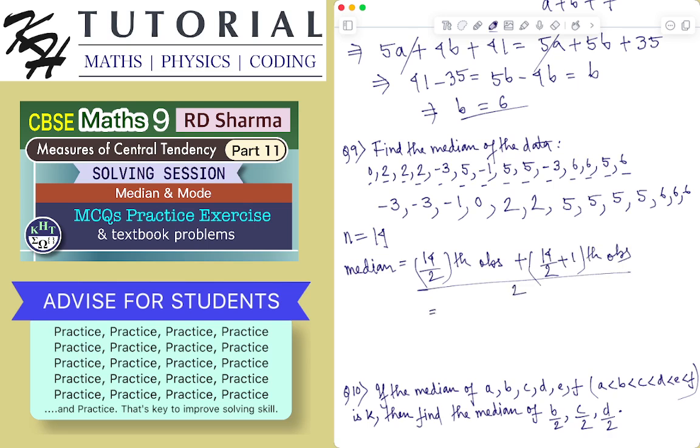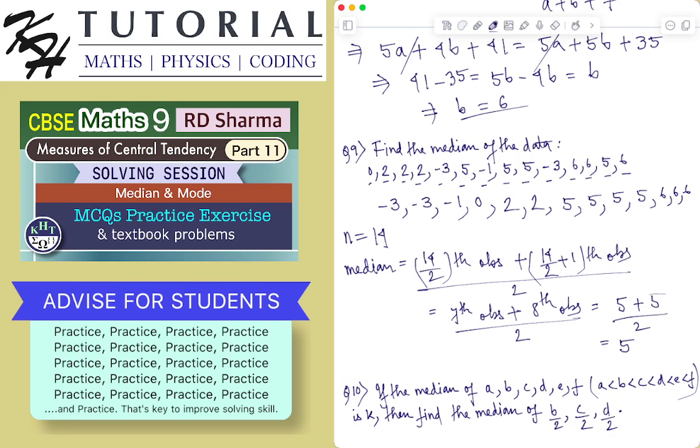This is the 7th observation plus the 8th observation divided by 2. The 7th observation is 5, and the 8th observation is also 5. So 5 plus 5 by 2 is equal to 5. So the median is 5.